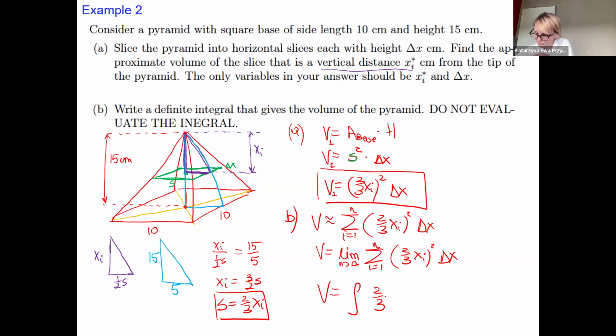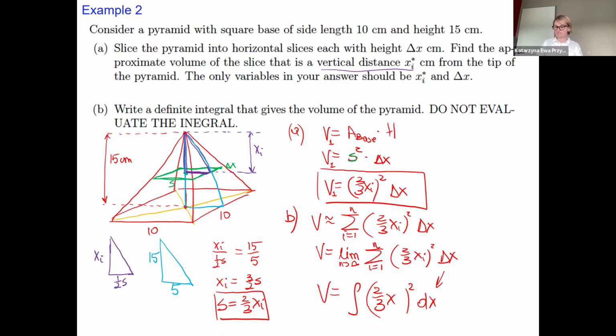It will be just (2/3 x) squared, we don't need i because the limits of integration will take care of it. This becomes dx. And what are the limits of integration?